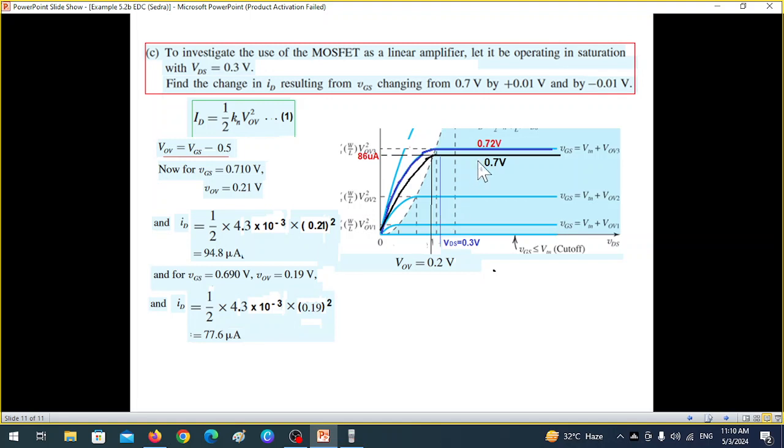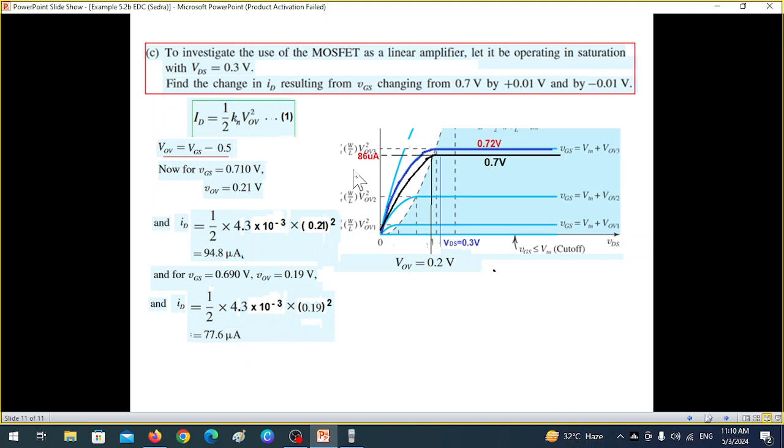And if we come down by 0.01, so instead of 0.710, it will now be 0.690. And again, we can calculate VOV using this formula. 0.690 minus 0.5, that will be 0.19 volt, and plugging in the current formula, it will be 77.6 microampere.